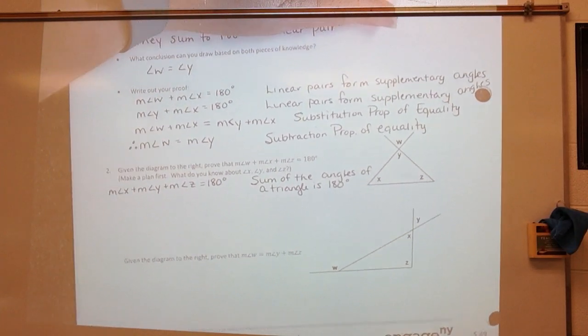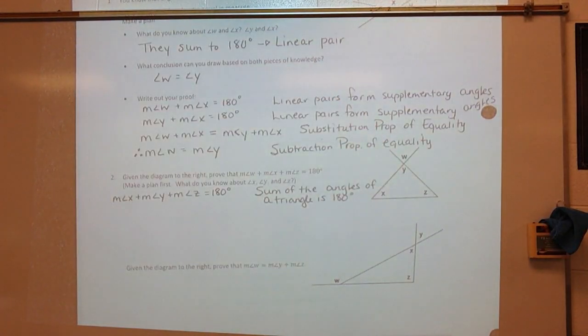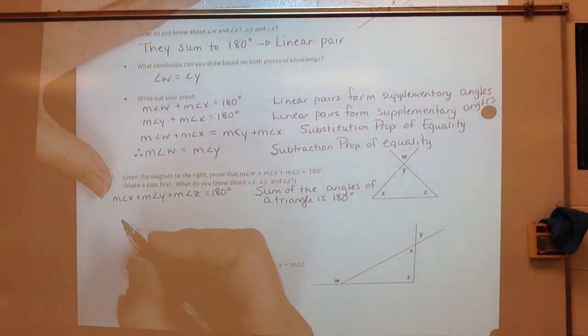All right, so now that I know that that's equal to 180 degrees, why is that important? All right, well, what do I know about the measure of angle W and the measure of angle Y? They have to be equal. Why? Because they are vertical angles.